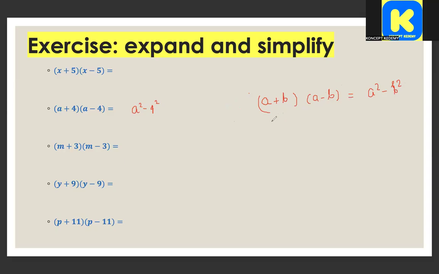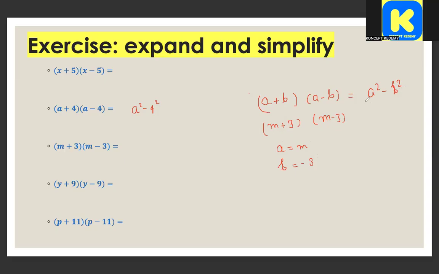Here we have m plus 3. So in the place of a plus b, we have m plus 3, and in the place of a minus b, we have m minus 3. That means a is equal to m and b is equal to 3.